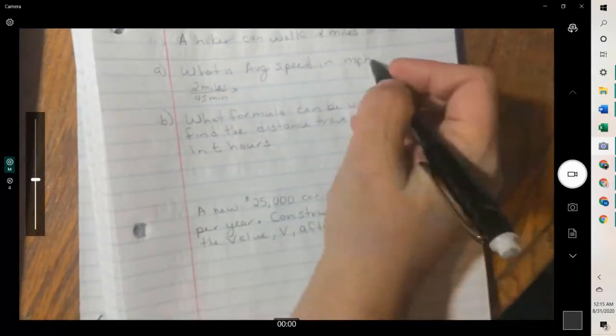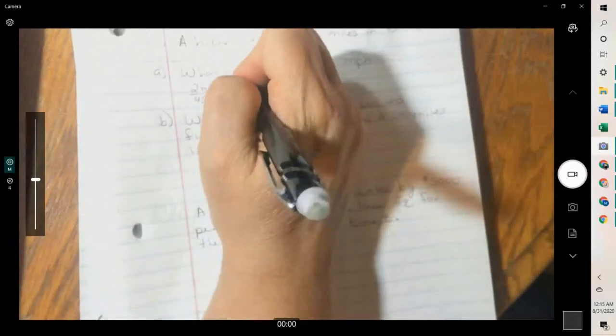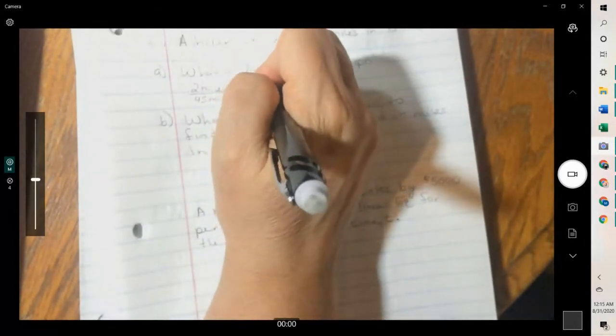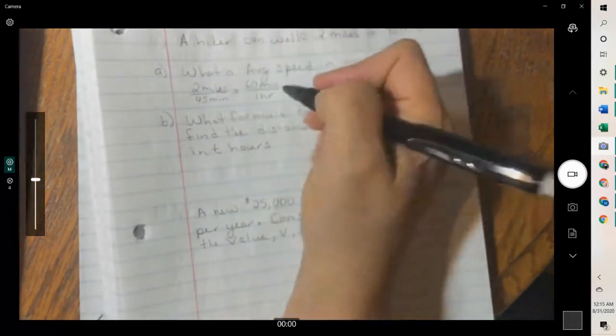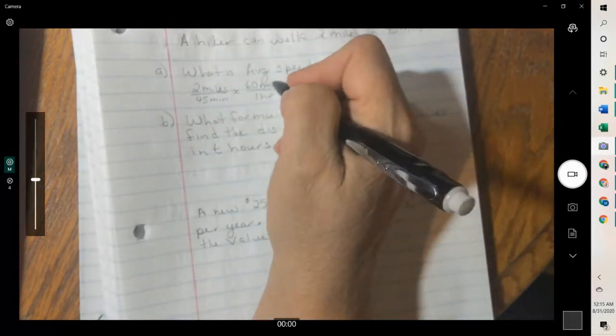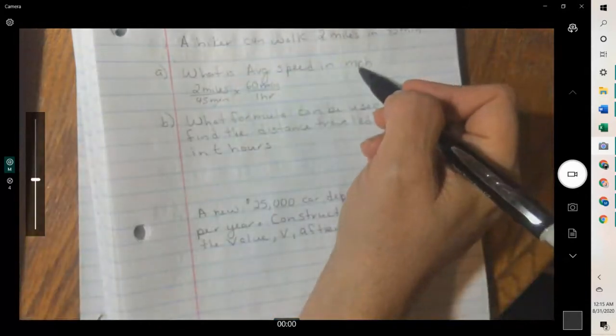Now we want to change it to miles per hour. And so we know that there's 60 minutes in 1 hour. I put minutes on the top because I wanted minutes to cancel, and I also wanted hours in the bottom because it's per hour.